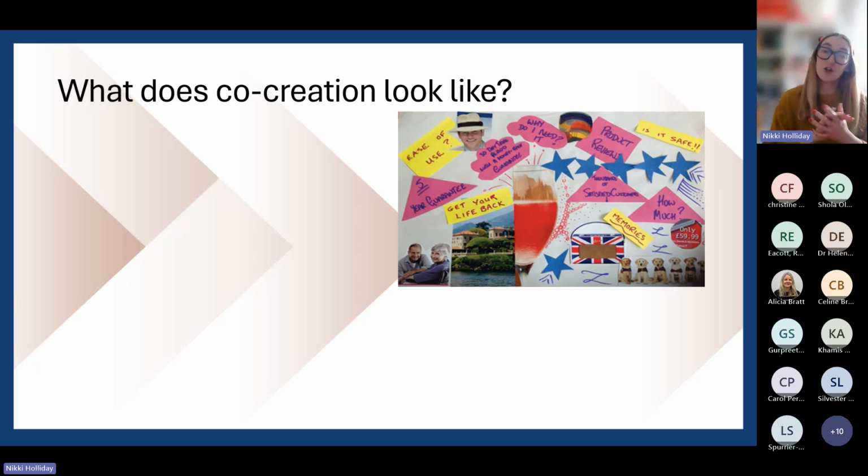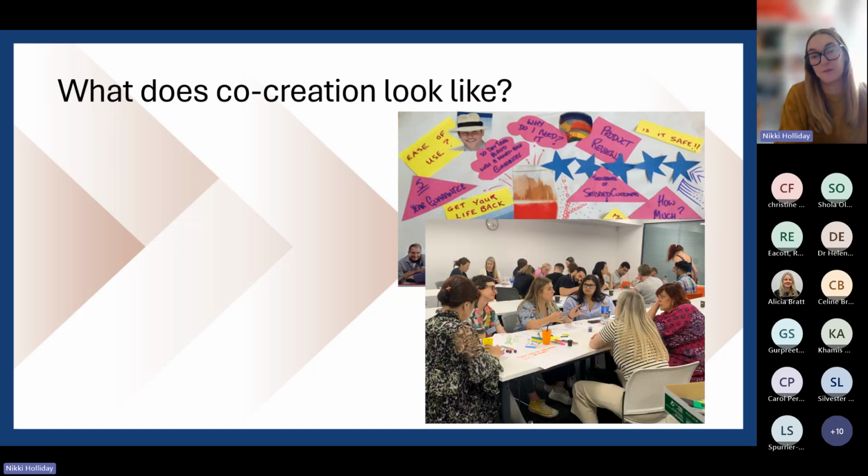There's 5 stars in the top right hand corner there, so they wanted to be able to see product reviews and how many stars out of 5 that other people like them gave it. On the left, they said they wanted 5-year guarantees and they wanted it to be easy to use. So that's a nice visual representation of what older people wanted out of healthcare technologies.